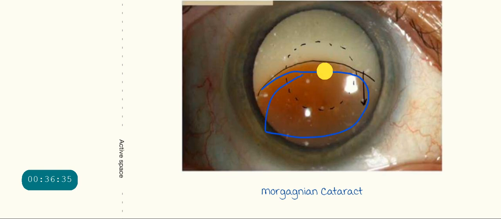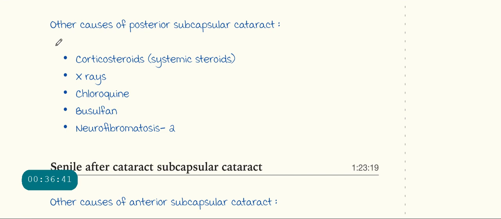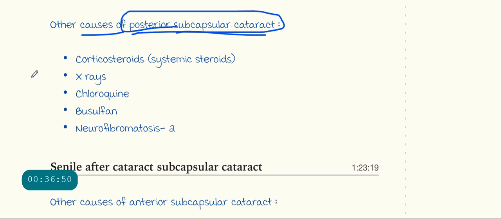The next, after senile cataract, comes the subcapsular cataract. What are the causes of posterior subcapsular cataract? These are due to corticosteroid therapy and systemic steroid usage.